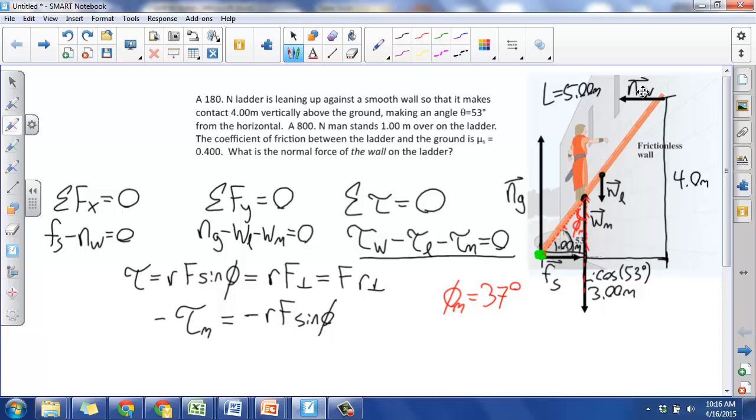Well, what is R? Well, we know this is 1 meter, so it's the hypotenuse that gives us an x of 1 meter. So R is equal to 1.00 meter divided by the cosine of 37 degrees.